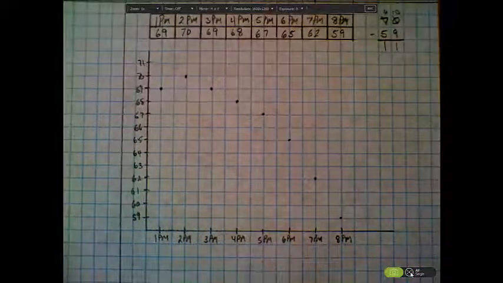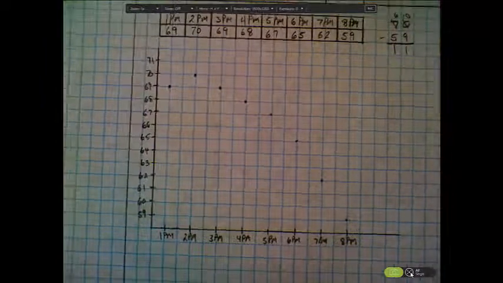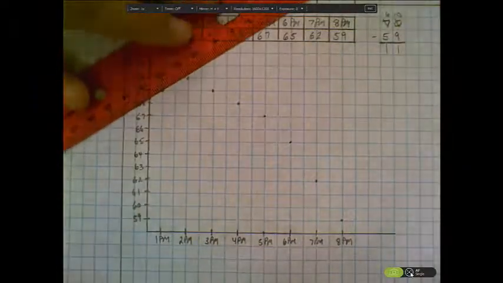So once we've plotted those points, then we're going to connect them. And again, in order to draw straight lines, I'm going to want you to use a ruler. So I'm going to line my ruler up for the first one.